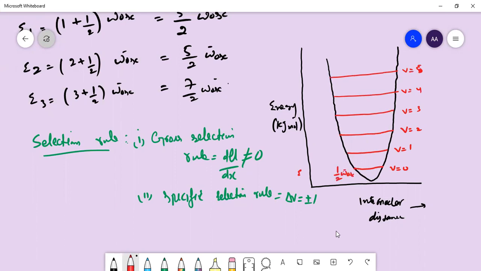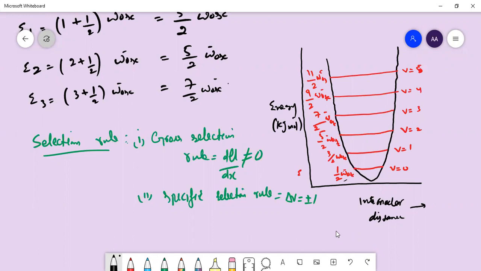Then this is 3/2 ω bar, then 5/2 ω bar, then 7/2 ω bar, then 9/2 ω bar, then 11/2 ω bar. These are the values of the corresponding vibrational energy levels. According to the selection rule, during the transition, Δv should change by only ±1.